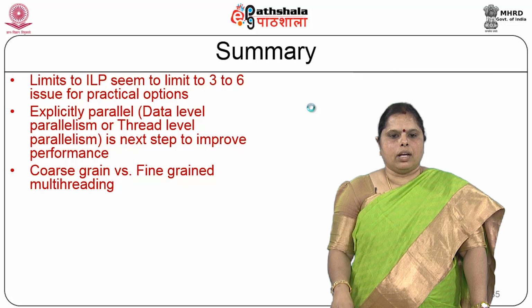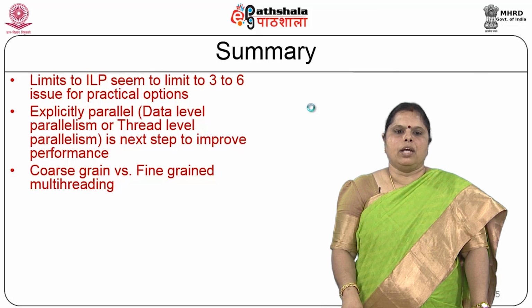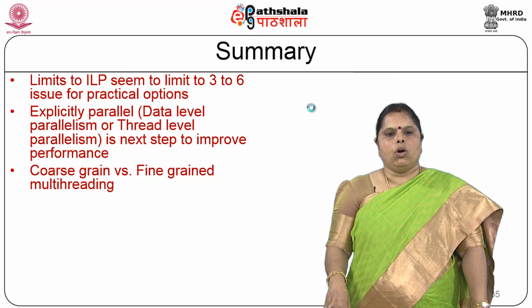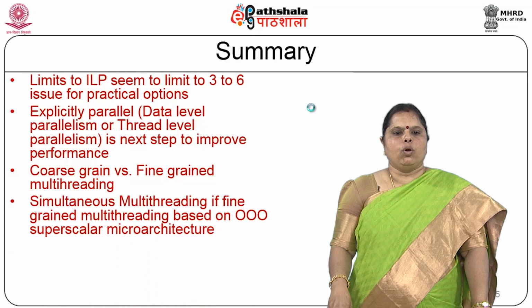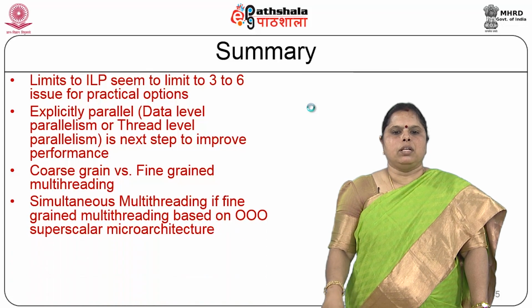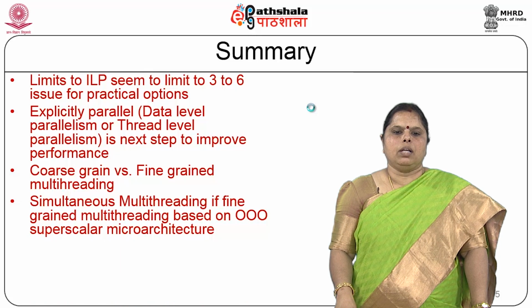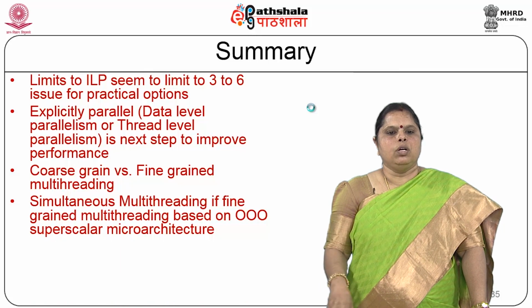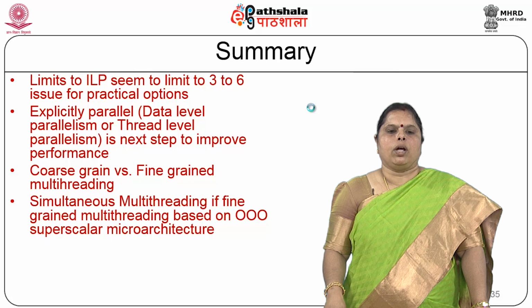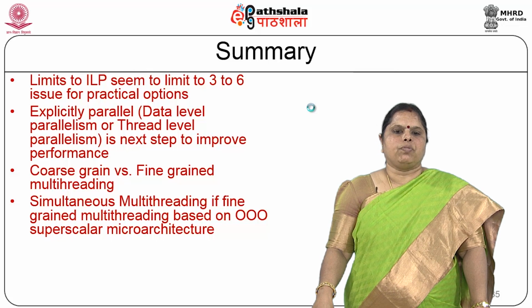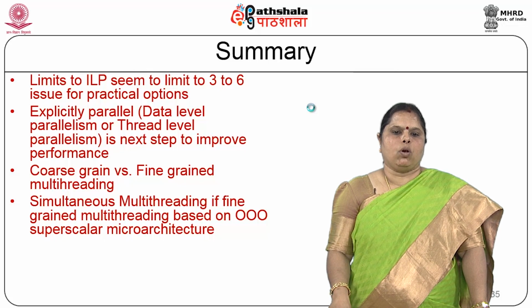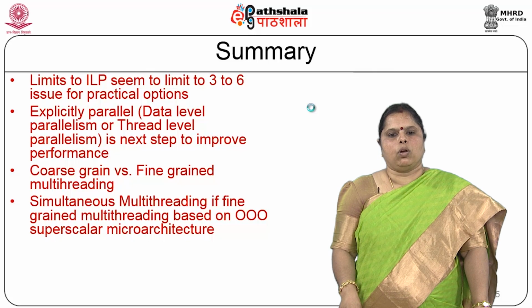If you look at thread level parallelism, it can be coarse-grained multithreading or fine-grained multithreading. We also discussed the concept of simultaneous multithreading. Simultaneous multithreading is fine-grained multithreading based on out-of-order execution, superscalar micro architectures, where different threads of execution are issued in the same clock cycle.